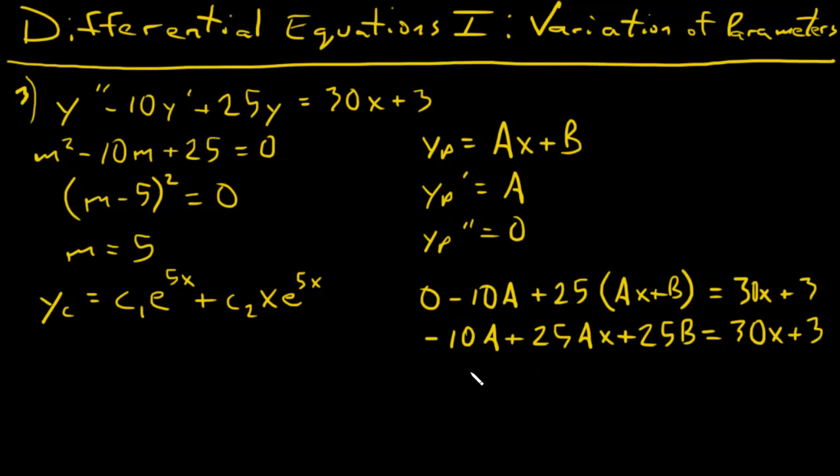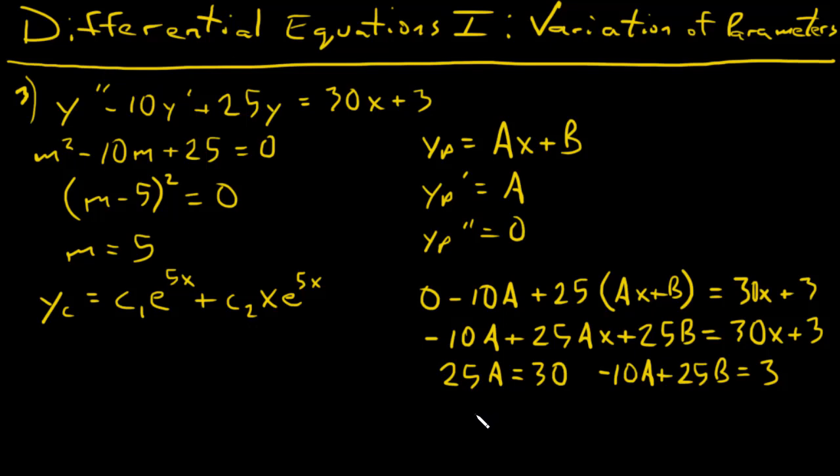Alrighty, so let's do the x terms first. So 25a equals 30. Those are the x terms. And now for the terms that don't have a variable, we've got negative 10a plus 25b equals 3. All right, we can solve that.